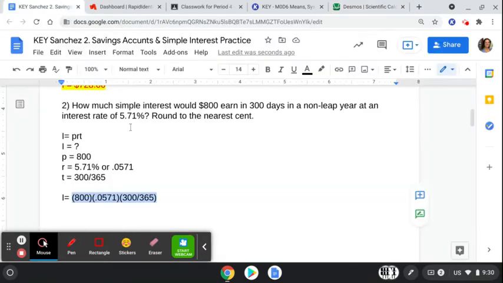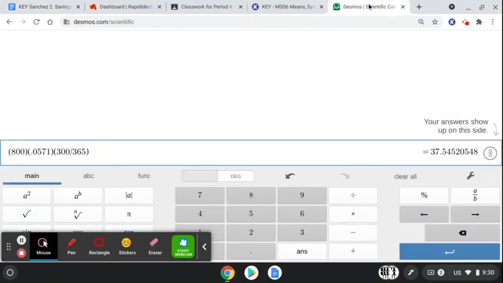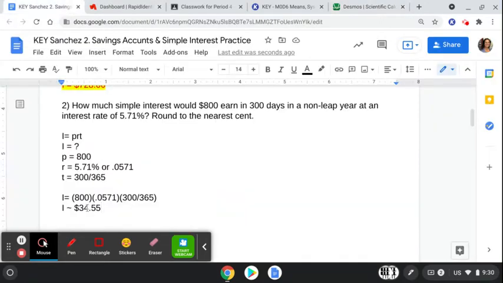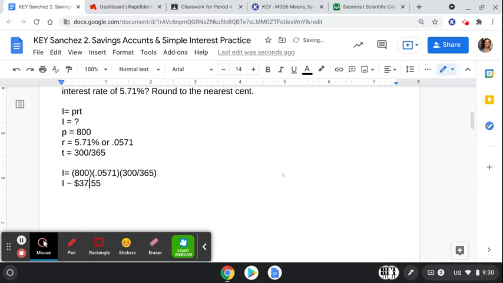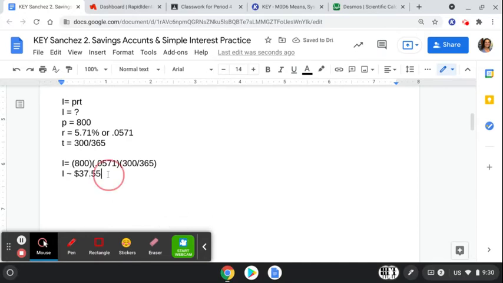How'd you do on that? Did that make sense? So I'm going to use a little approximation symbol, $37.55. Okay, so there we go with our answer on that one, that the interest we earned is $37.55.